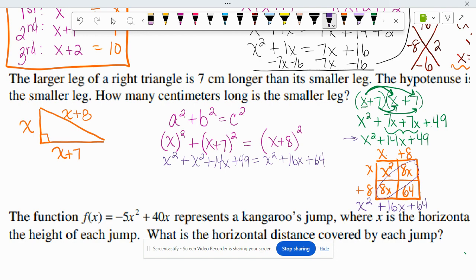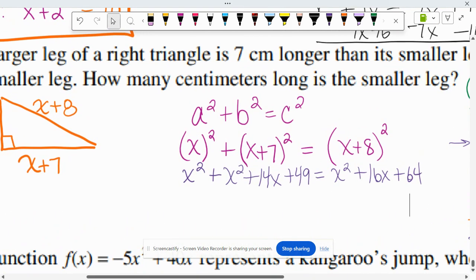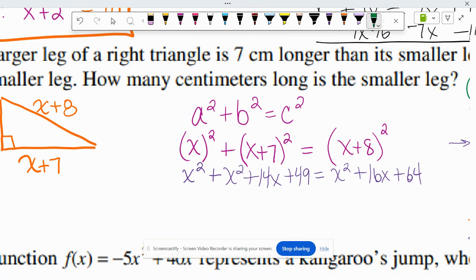Okay, I'm going to make this a little bit bigger because I want to ask you guys something. Do you remember when we learned how to solve equations, right? One of the most important things that we learned about solving equations is if you have the exact same thing on one side of the equal sign and the exact same thing on the other, what can you do with them? Opposite sides.